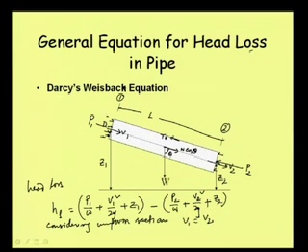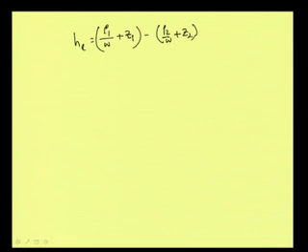Then we get that the head loss HL is equal to P1 by W plus Z1 minus P2 by W plus Z2. So this is the head loss.